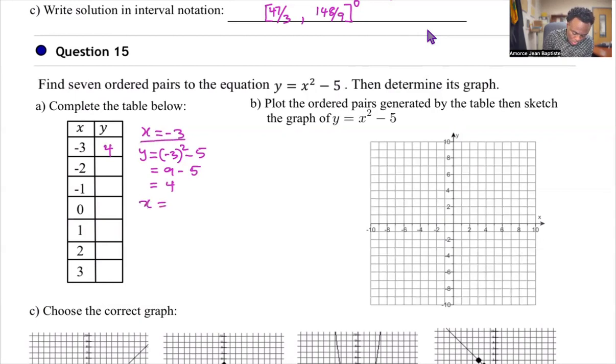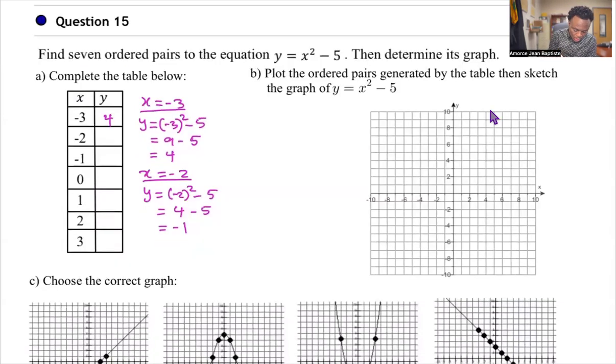For x equals -2, y is -2 squared minus 5 equals 4 minus 5 equals -1. All right, so for x equals -2, y equals -1.